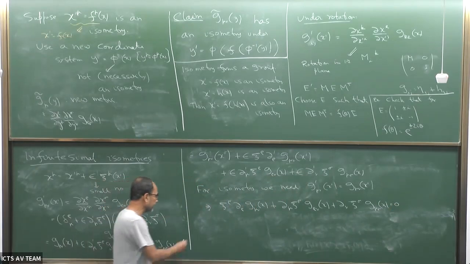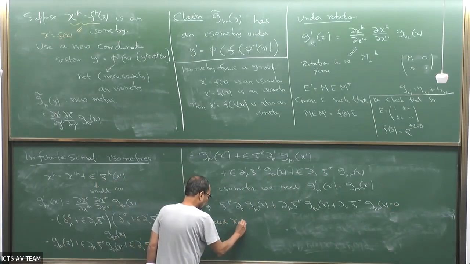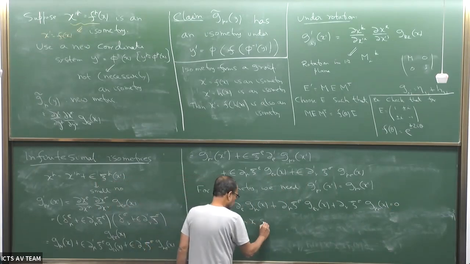Is this clear? We replaced x prime by x since they differ by order epsilon.